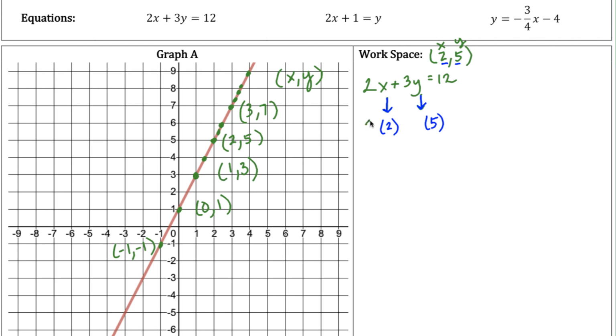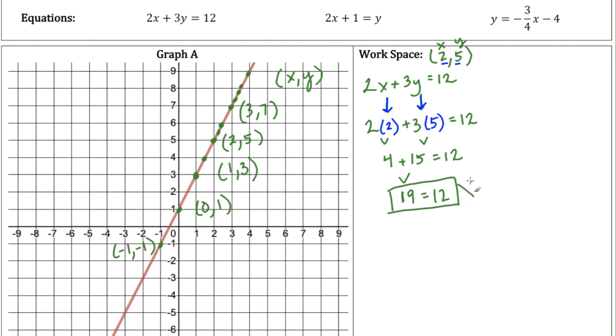So we get 2 times 2 plus 3 times 5 equals 12. 2 times 2 is 4. Positive times a positive is a positive, so plus 15 equals 12. 4 plus 15 is 19. And 19 does actually not equal 12.